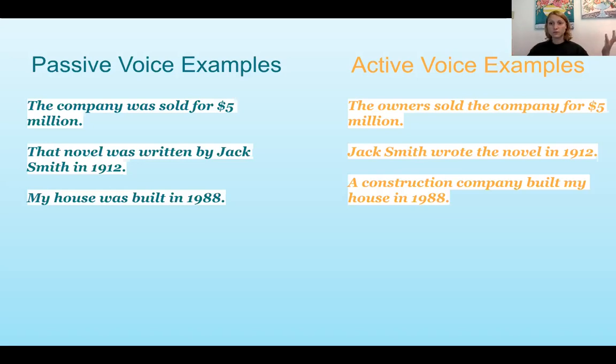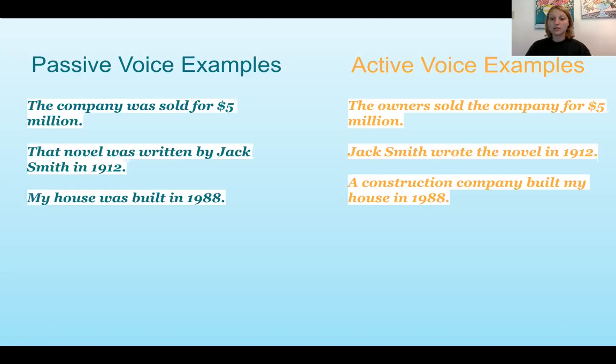We don't know who. Whose does the house belong to? Or who even built the house? All right. So we go into active voice and we have a construction company built my house in 1988. A construction company is the subject in that sense.